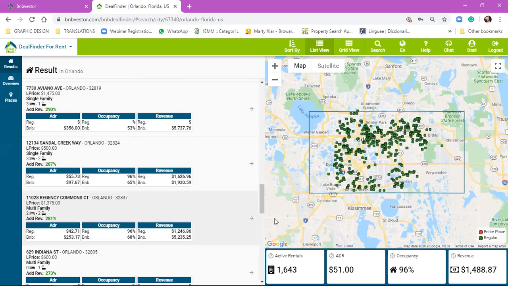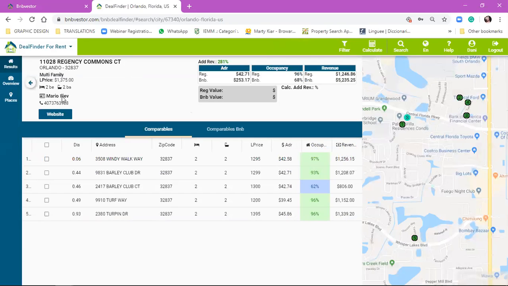Okay, for example, over here. If we click on this property, we can see the address and the actual listing price of this multifamily, which has 2 beds, 2 baths. The name of the owner or the real estate agent is Mario Ilive, and it has an additional revenue of 281%.